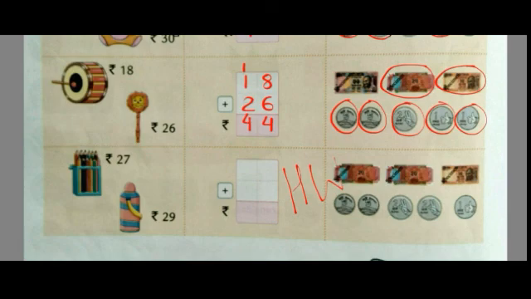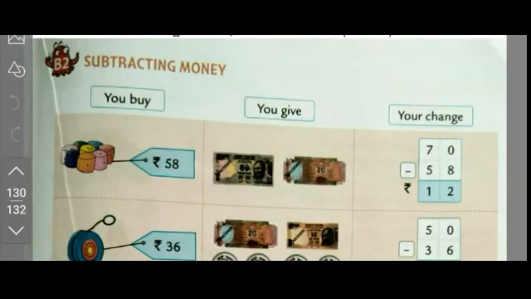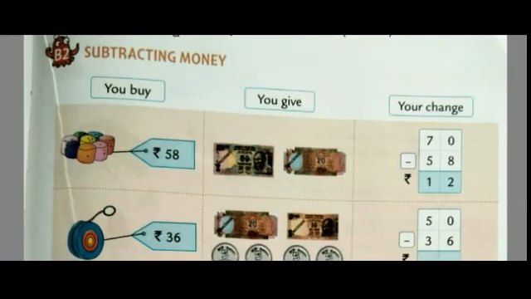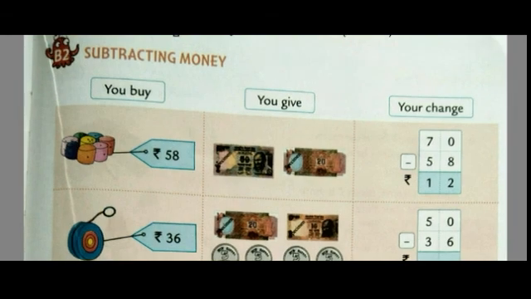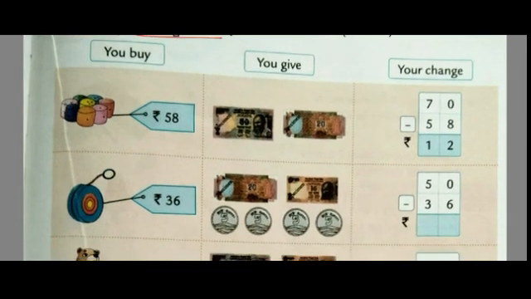Okay. Moving on to the next page. Now, here we will learn, if suppose what you give to the shopkeeper in exchange, in return, what is your change? Okay. Let's see. Subtracting money. We'll start from the second one.